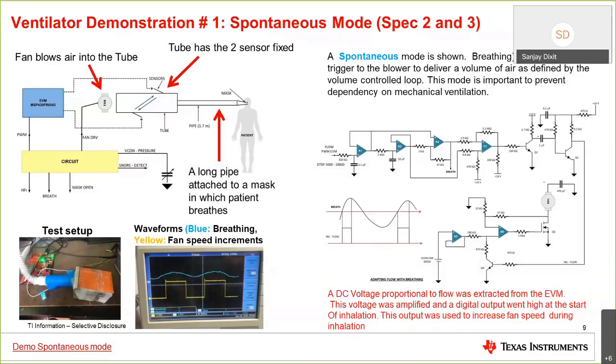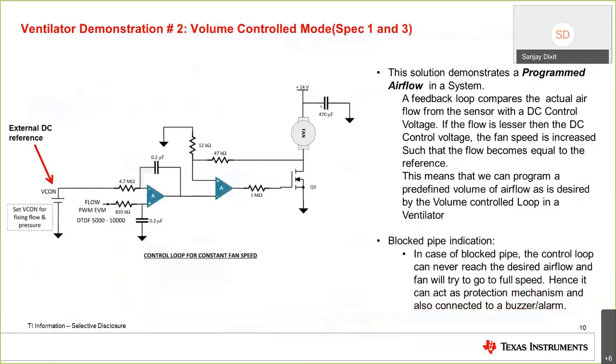We also did another ventilator demonstration, which tries to accomplish a volume control loop in a ventilator. It is a system where we take feedback from the flow sensor and close the loop to deliver a certain volume of air to the patient. You have a fan driving air into a pipe, and this is measured by the flow sensor. The flow sensor gives an EVM value, which is the analog value corresponding to the flow. And we have an analog circuit which gives a DC voltage, which is your reference voltage.